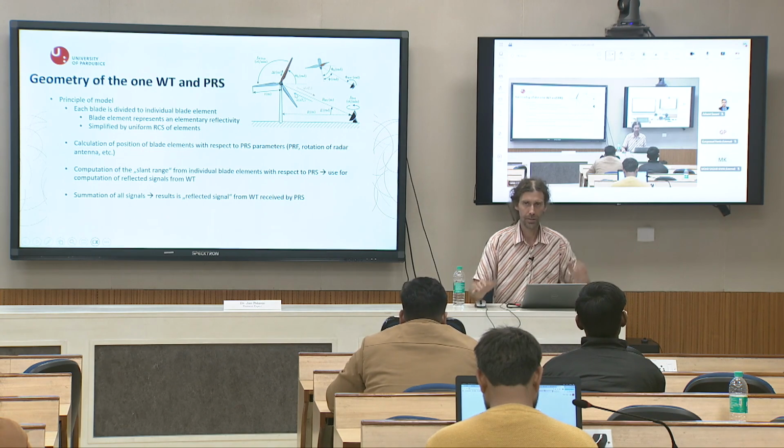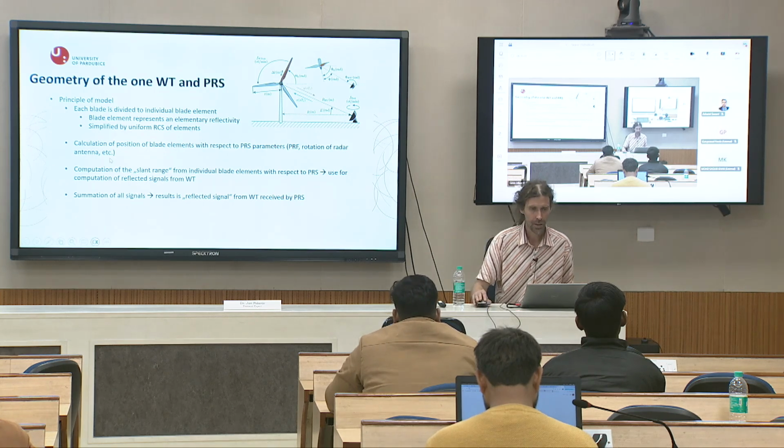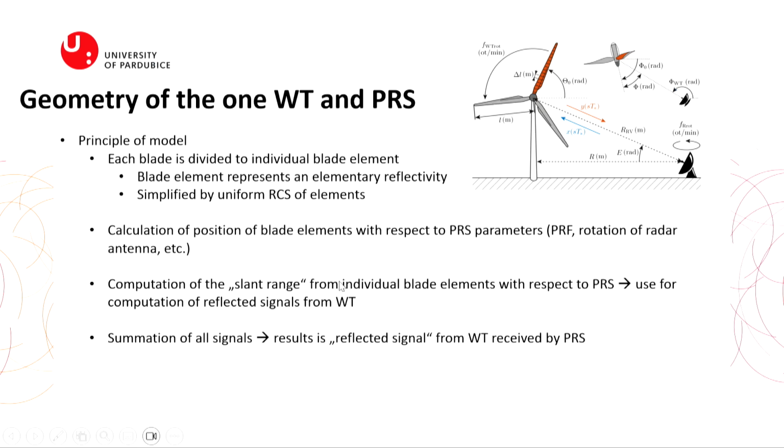So sometimes the radar antenna can detect and see wind turbines, sometimes not. So it is another thing. After computation of this slant range from individual blade elements with respect to the PRF, we use it to compute the reflected signal of all wind turbines.